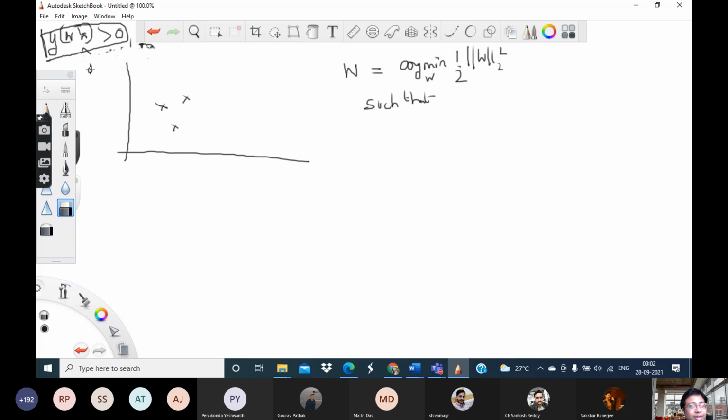When a particular data point satisfies this criterion, it means that this point is correctly classified.